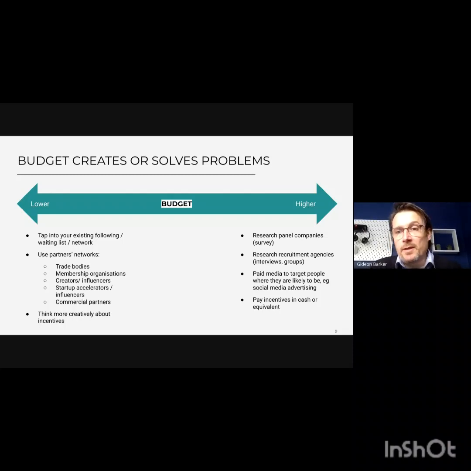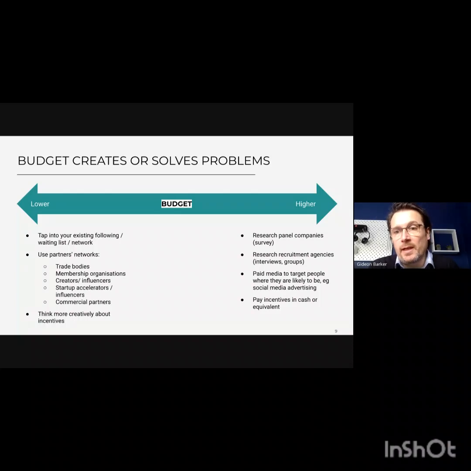That might be a few minutes to fill in a survey, or it might be half an hour, an hour and a half for an interview or a focus group or something like that. So because they're giving up their time for you, they ought to be somehow recompensed, and that typically might be cash. But obviously that builds up the amount of money that you need to invest.